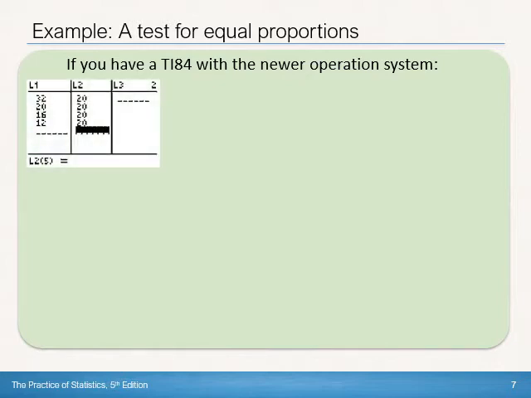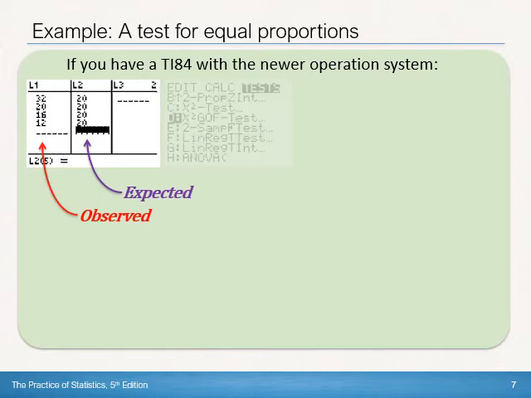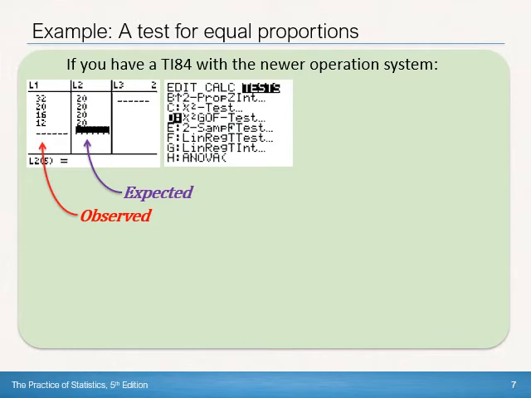First thing you're going to want to do is put the observed and expected values into list 1 and then list 2, making sure that they correspond across from each other. Then we're going to go to your stat button, go over to tests, and go down to chi-squared GOF, which is the goodness of fit test.